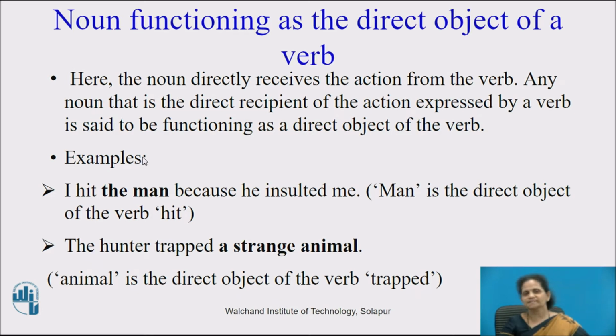And the examples are, see the first example, I hit the man because he insulted me. So, in this sentence, man is the direct object of the verb hit. The second example, the hunter trapped a strange animal. So, in this sentence, animal, or a strange animal, is the direct object of the verb trapped.